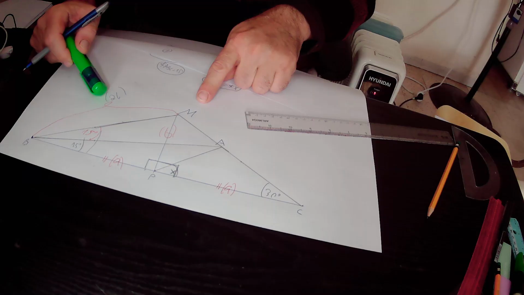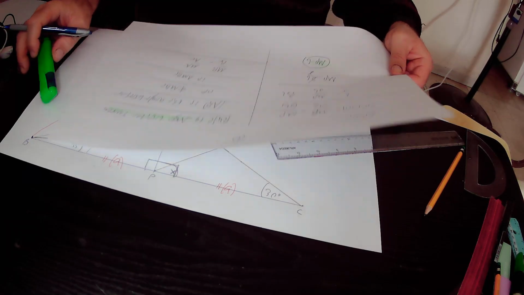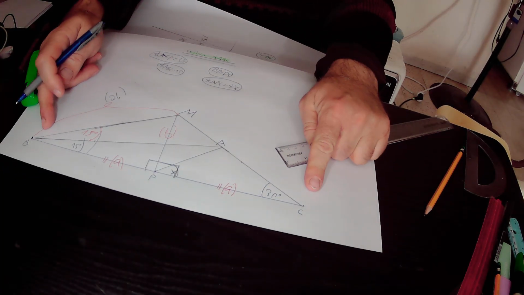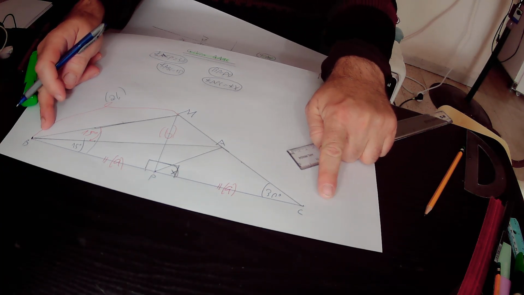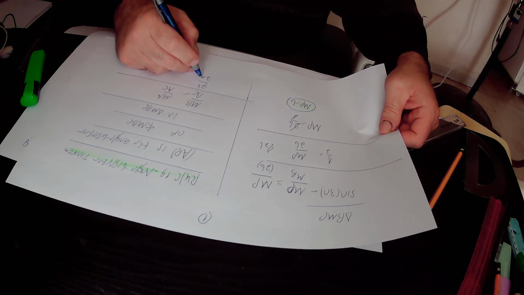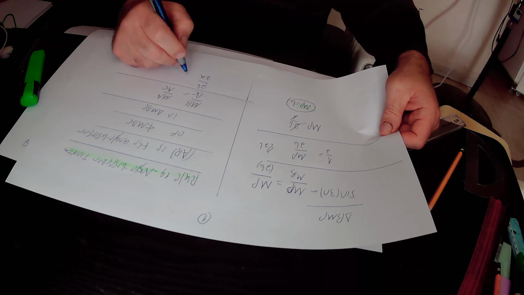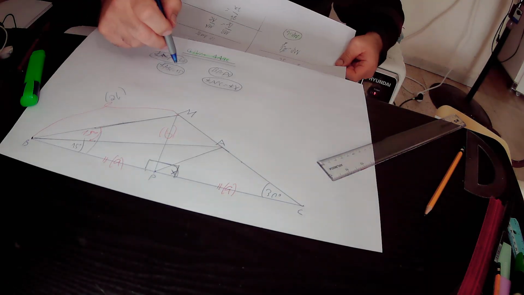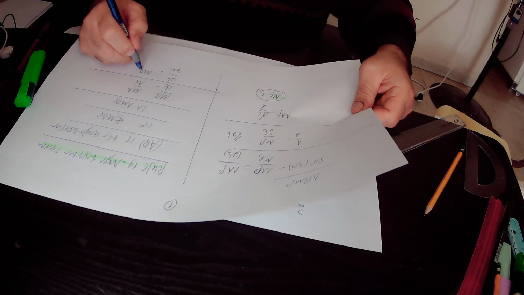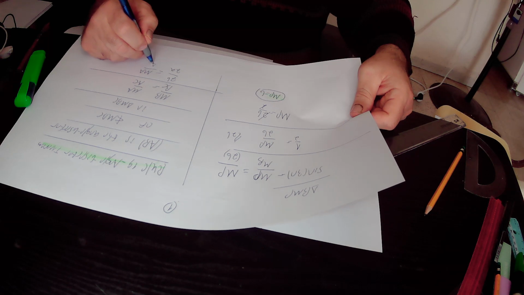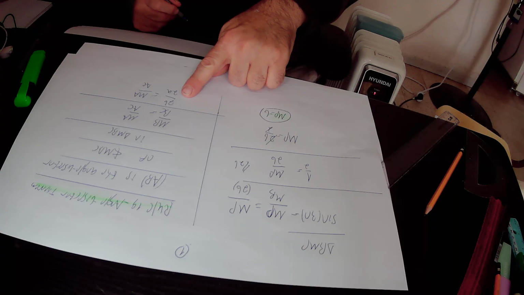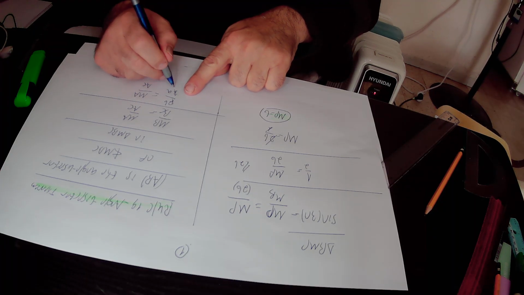MB equals 2b according to our definition, over BC. BC equals a plus a, that is 2a. So MB over BC is 2b over 2a, and it equals MA over AC. On this side of the equation we have 2 in the numerator and 2 in the denominator, so the 2s get cancelled.